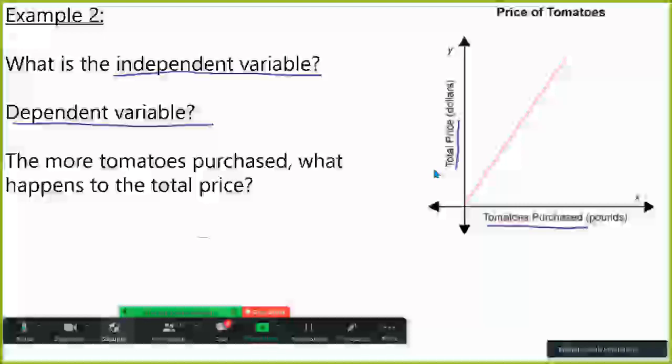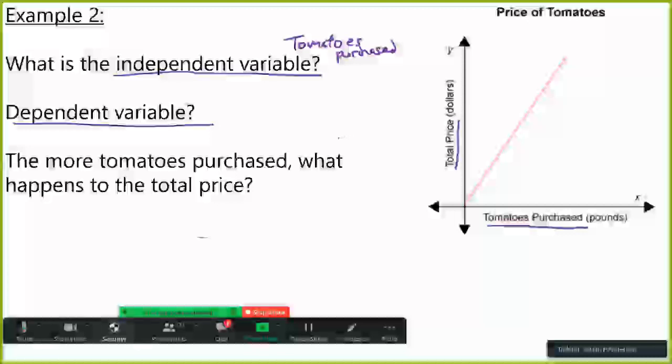Yes, I think I heard that. You said tomatoes purchased is the which one? Independent. Very good. And how did you know that? Well, because in the last problem, the money was the dependent. Good. Yes. And that's similar to this one, huh? The money is still the dependent.